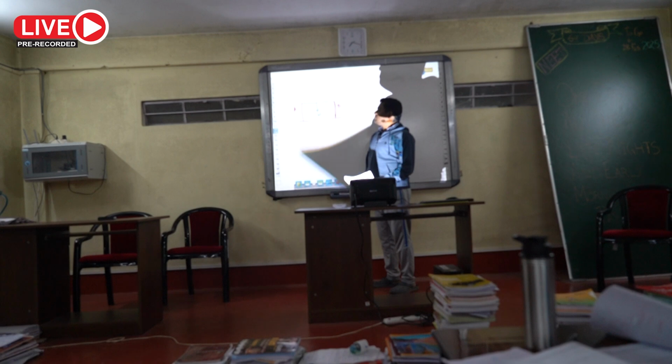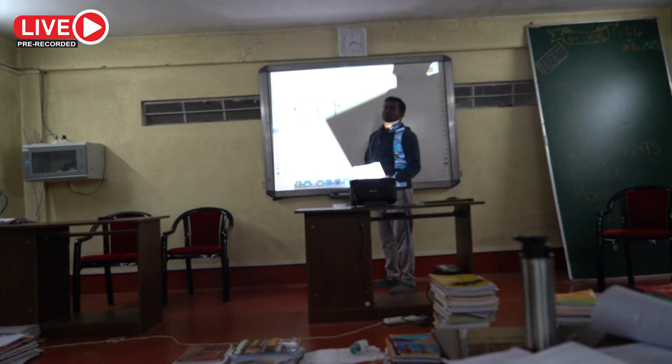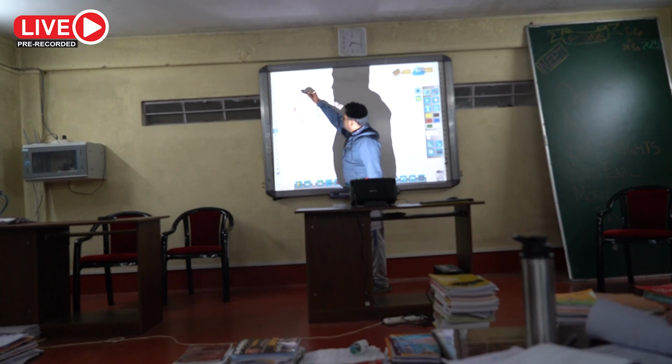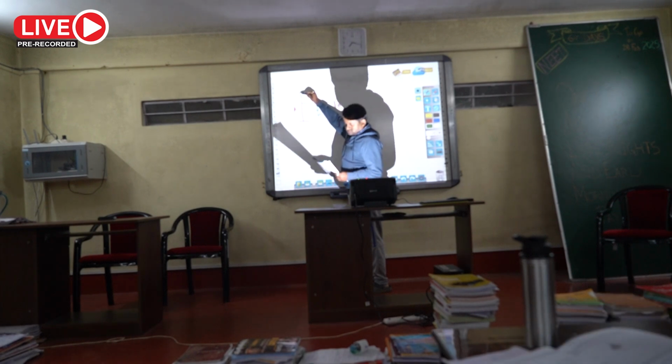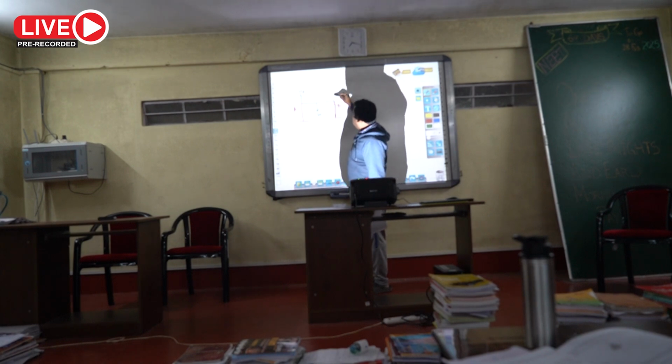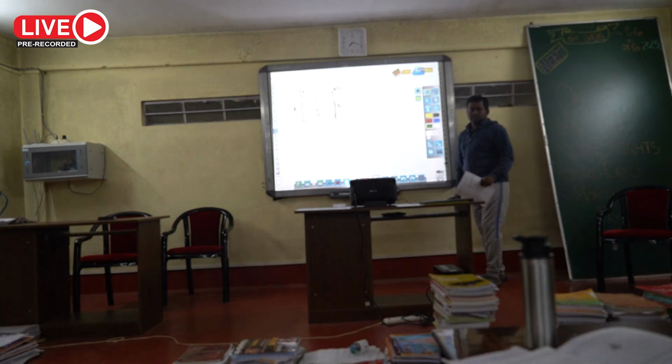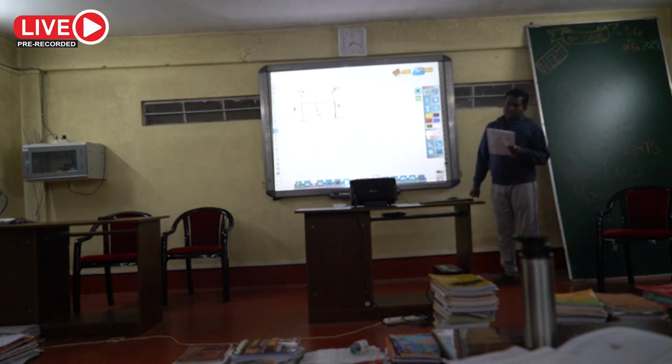There are two other forces given by the two knife edges, those are normal reactions, suppose NA, there is NB, normal reactions on the rod.